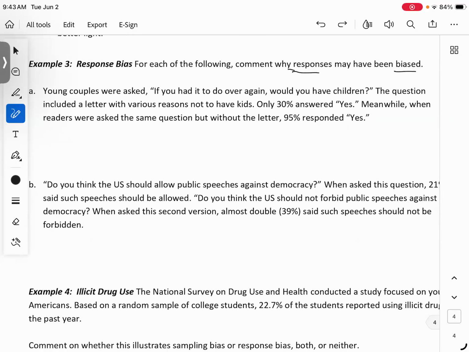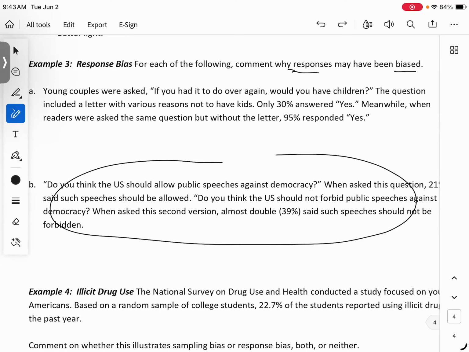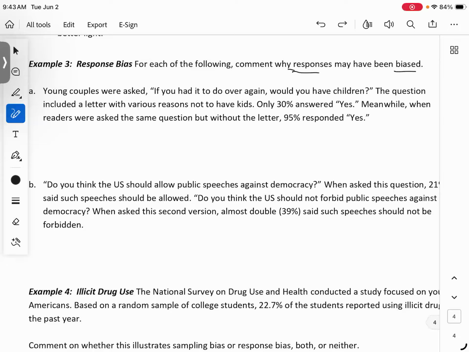I'm going to go maybe an extra 10 or 20 seconds. Also do the same thing for B. What inside this prompt might influence people to say more yeses rather than no, just because of that one little extra thing embedded in there?